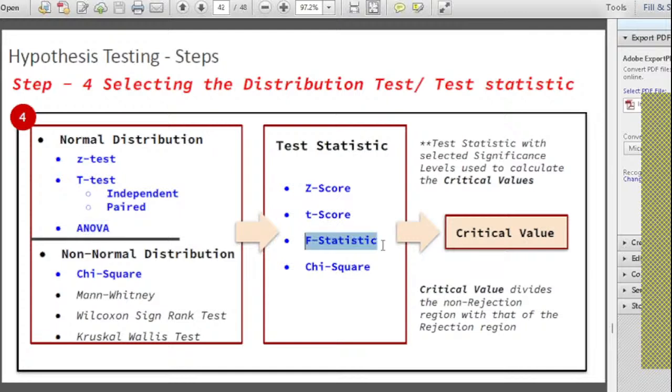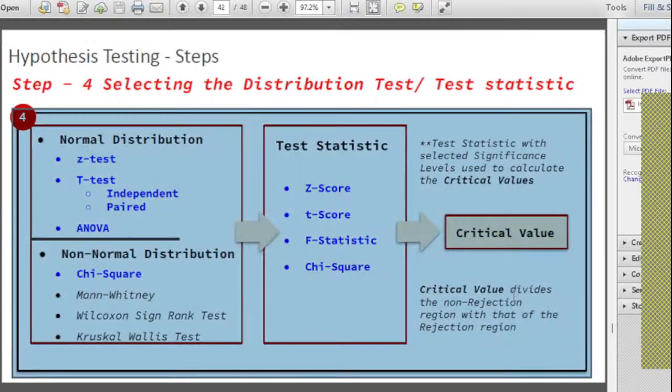And if I select chi-square, it's going to give me a chi-square statistic, right? So these are called test statistics. Then these test statistics, along with the significance level that we are testing, which is 5%, are used to calculate the critical values. Critical value is the value that divides the rejection region from the non-rejection region, right? We'll see this process.